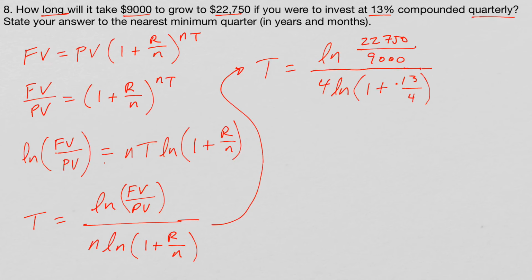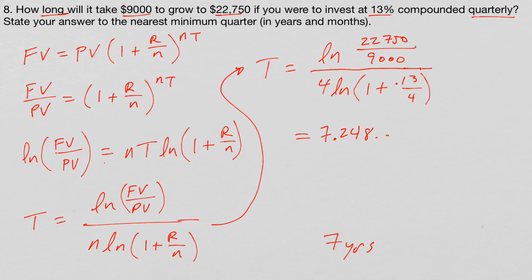Again, quarterly. Okay, so this is going to come out to 7.248 or whatever. So this tells me that it's 7 years. So I know my answer is 7 years.